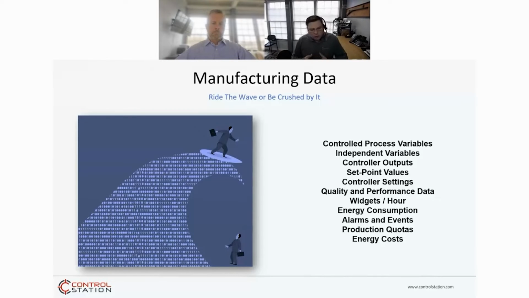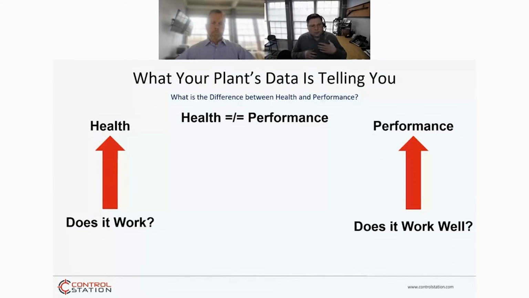And when you think about controller performance, plant performance, what is that data telling you? It's telling you a couple of things. It's telling you how well your plant is performing, how well it's behaving. And one of the things I've really come to realize in the last few years is health and performance are not interchangeable words. You can have a healthy plant and a non-high performing plant.